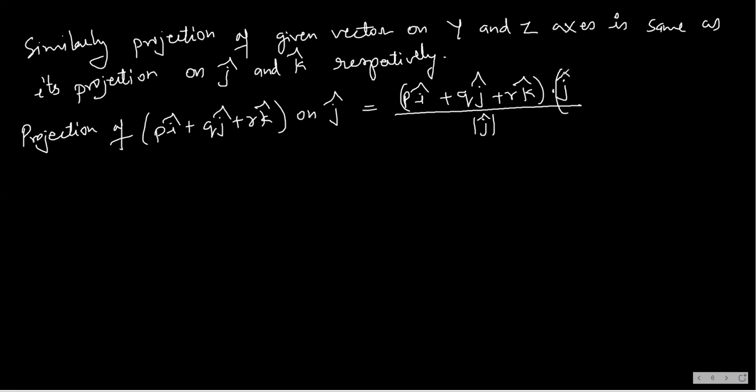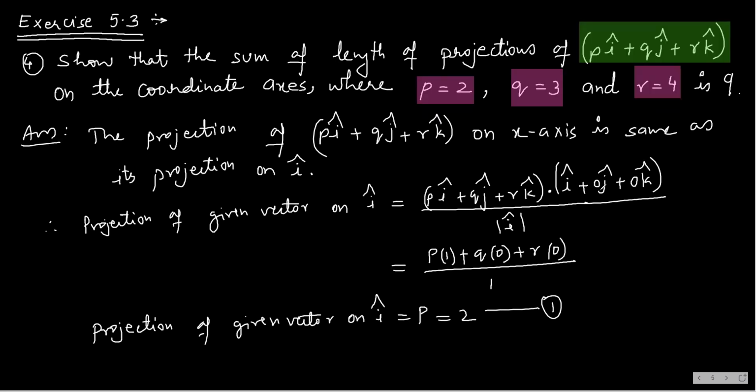As you all know, when I am writing j cap, the j cap vector would actually mean 0 I cap plus 1 j cap plus 0 k cap. I hope you follow this. The vector j cap means the coefficient of I cap and k cap is 0, as the vector I cap had meant the coefficient of j cap and k cap as 0.